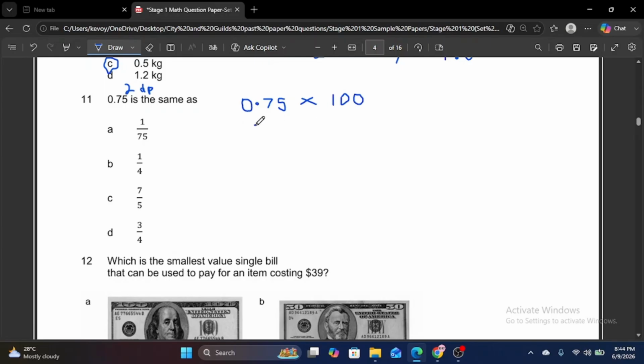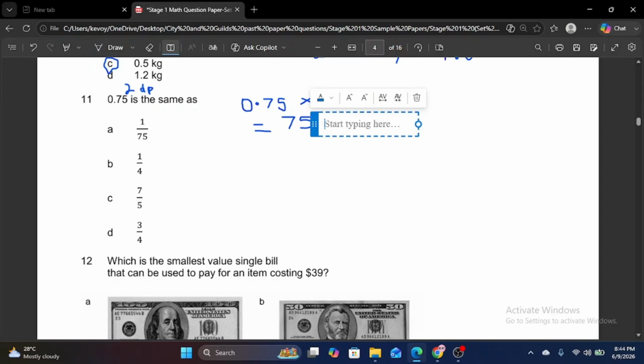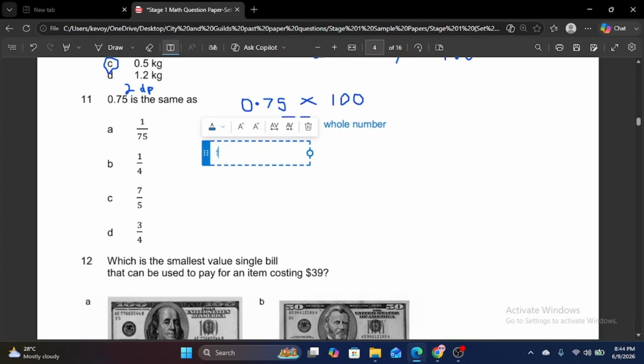This is done so we can get a whole number. So multiplying this by 100, I'm going to get 75. And because I multiplied that number by 100 to get 75, to write it as a fraction now, this is the whole number.